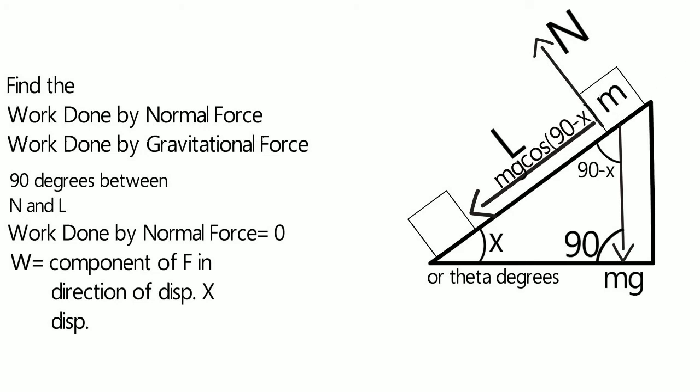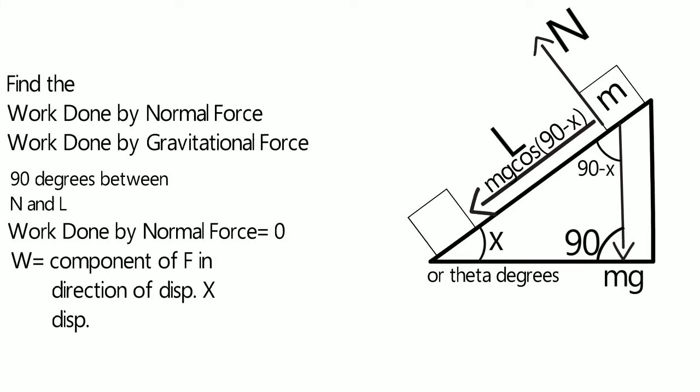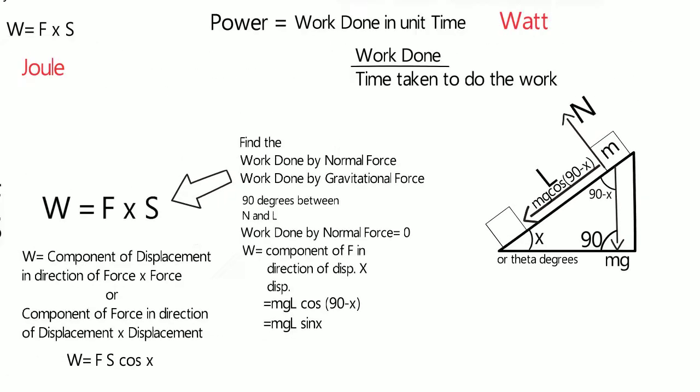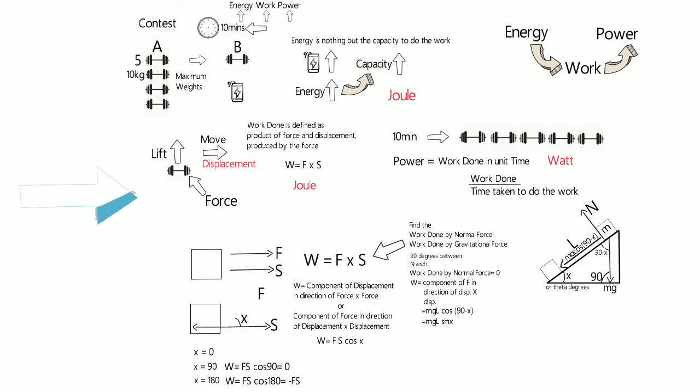The component of force in the direction of displacement is equal to mg cos(90 minus x), and the displacement is L. So the work done will be equal to mgL cos(90 minus theta), which is equal to mgL sin theta. Now there are varieties of questions for which the work done can be found out, but the basic principle remains the same.